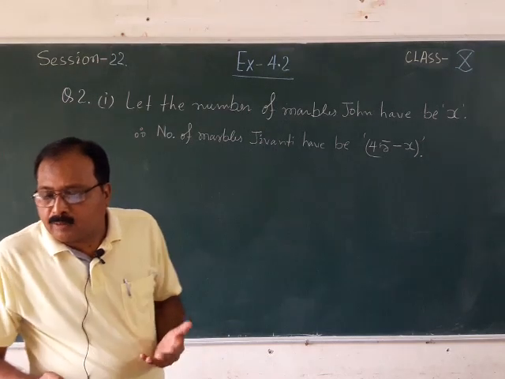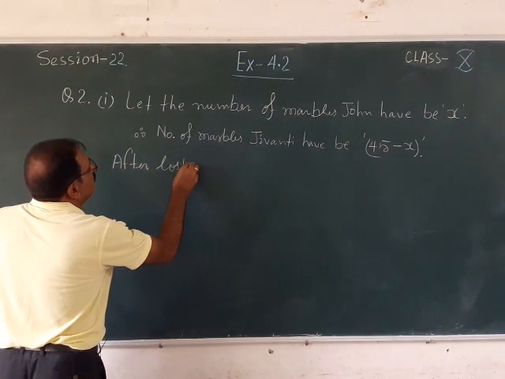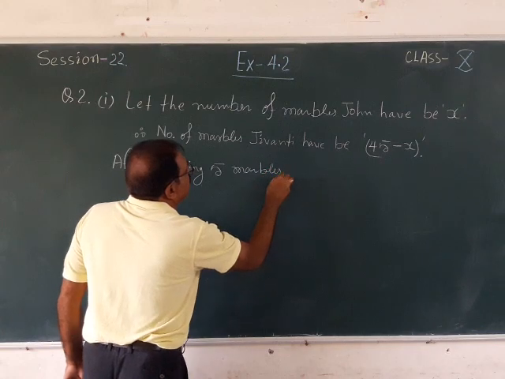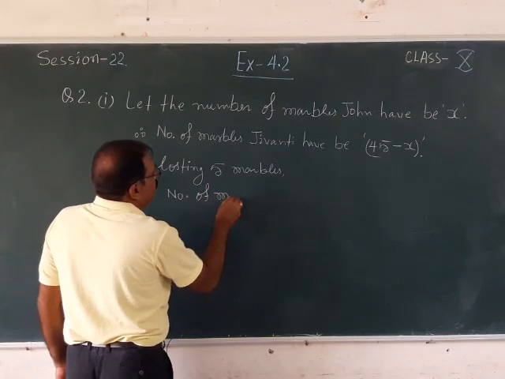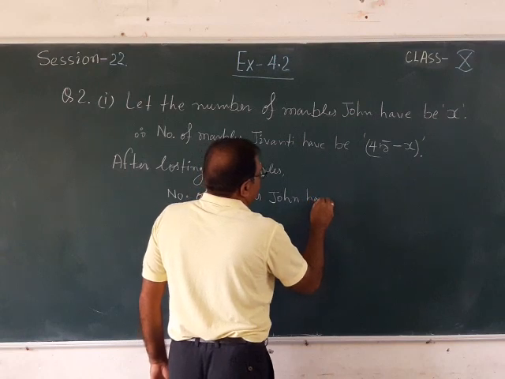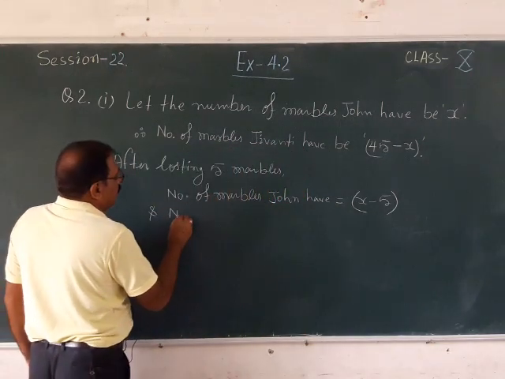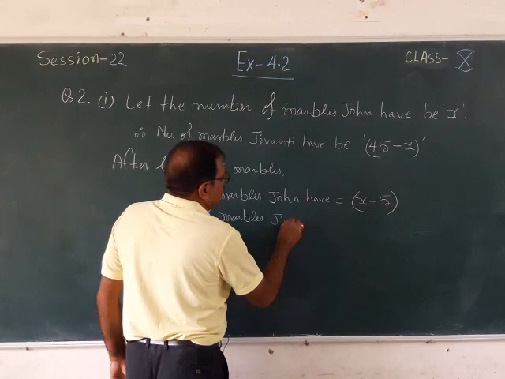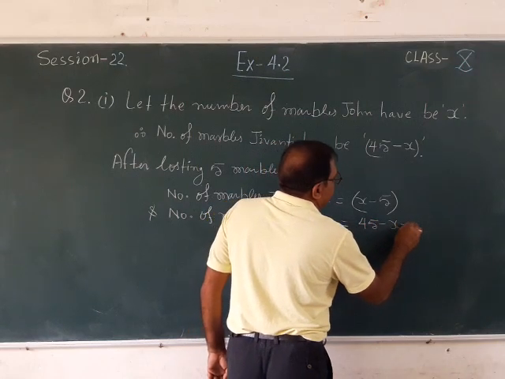That means the number of marbles left with John after losing 5 marbles will be x minus 5, and the number of marbles Jivanti has is 45 minus x, then minus 5.